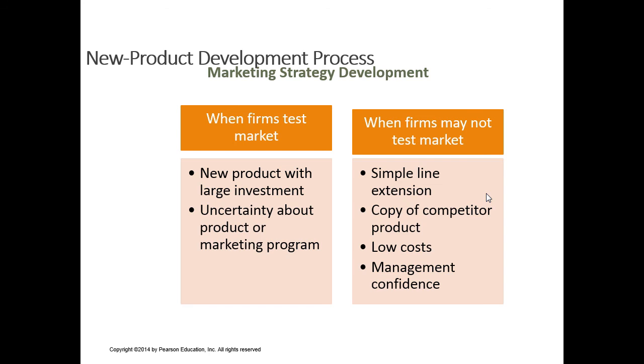So for example, you may not have to develop a new marketing strategy for line extensions or very simple line extensions. You can make some inferences with a little bit of research. You can tell whether or not having an added ingredient for a particular product where you can add it as another SKU on the shelves for, let's say, toothpaste as an example.